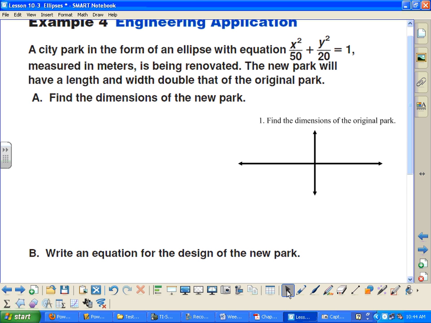The square root of 50 is approximately 7. So we're going to go left here, so this is negative square root of 50. Over here is positive square root of 50. And then we're going to go up and down how far? Square root of 20.